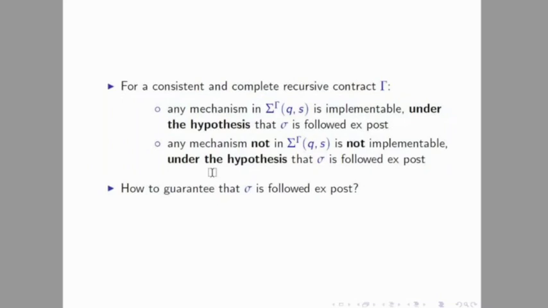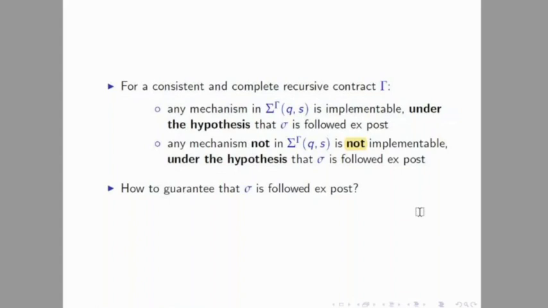Now the final condition. These two conditions, completeness and consistency, guarantee first of all that any mechanism in the choice set is implementable. They are all incentive compatible and individually rational, under the hypothesis that sigma is followed ex post. And no mechanism is implementable outside the choice set under the hypothesis that sigma is followed ex post.